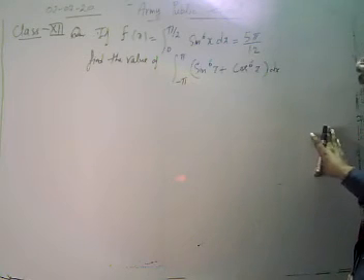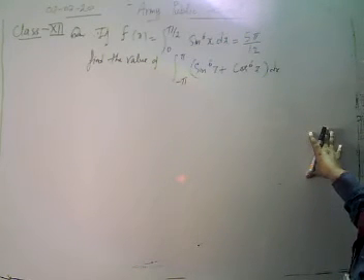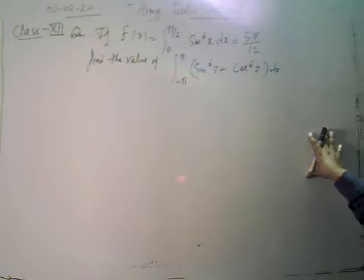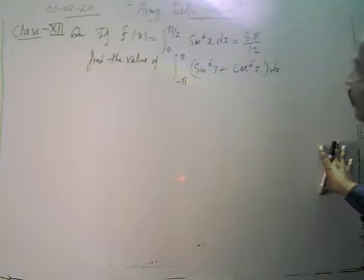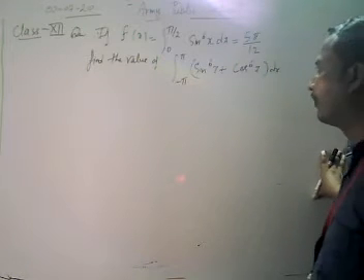Now look here, we have to find the value of the integral from minus pi to pi of sine to power 6x plus cos to power 6x. Till now we have used our property there. We are going to check whether it's an even function or an odd function.